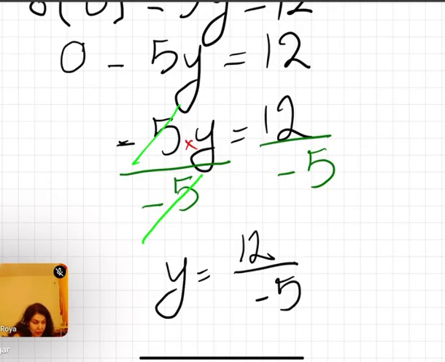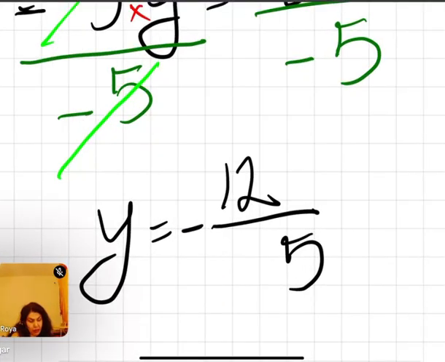And you can move this sign, it doesn't matter where. I put it here. And this is an improper fraction.